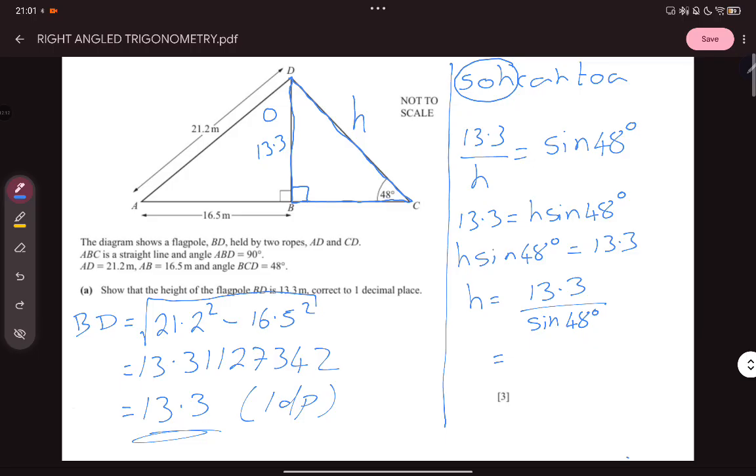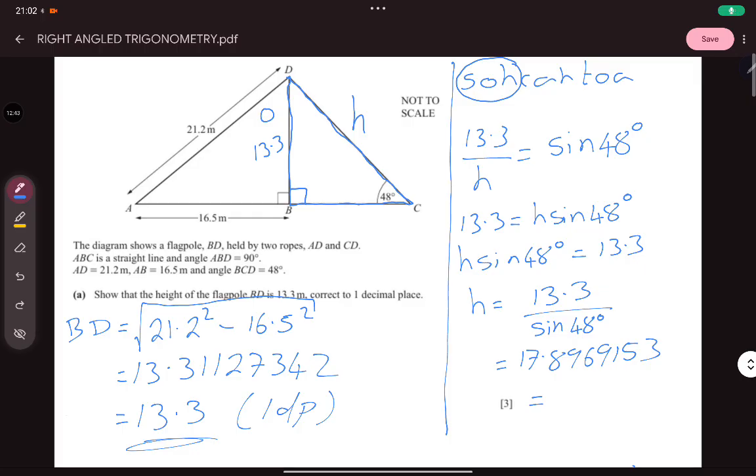gives me this, 17.8969153. And I'm going to write that to a sensible degree of accuracy. And I'm going to go with, because it's a length, 3 significant figures, so 17.9.